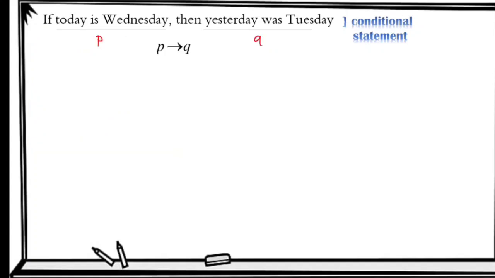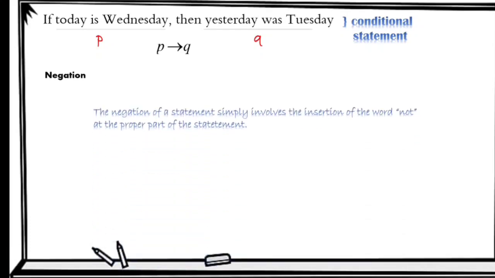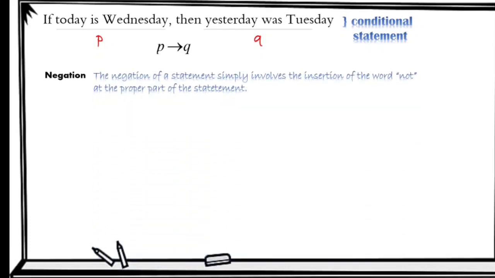But before we define the converse, contrapositive, and inverse of a conditional statement, we need to check the topic of negation. The negation of a statement simply involves the insertion of the word "not" at the proper part of the statement.